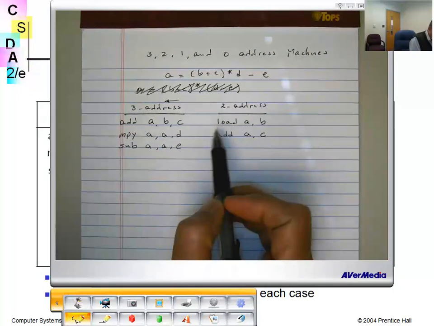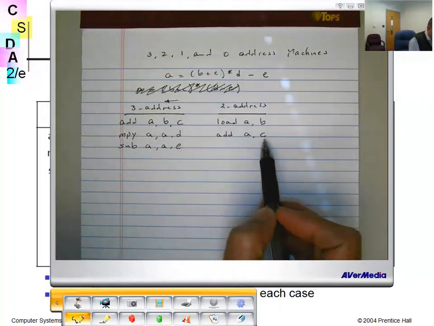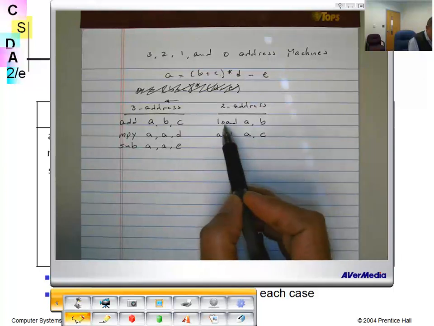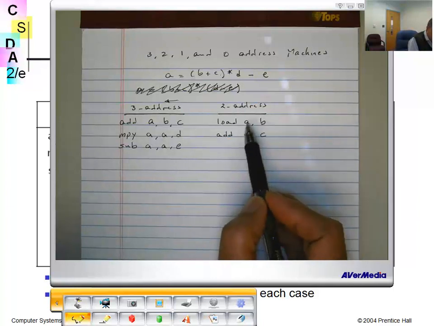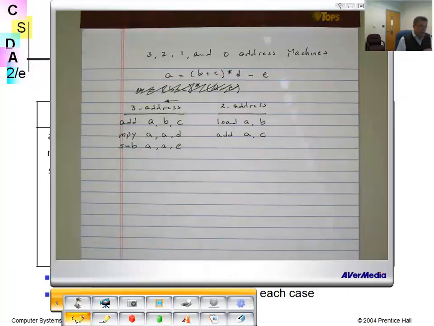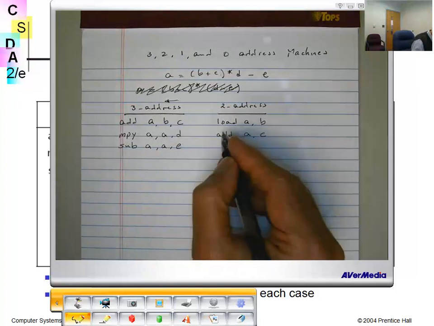So instead of starting with add C and B and store the B in some place and then say load B to A, I'm doing it this way. From the beginning, I'm loading the B to A, then adding the C to A and storing the results into A. This way, B and C, they keep their original value.